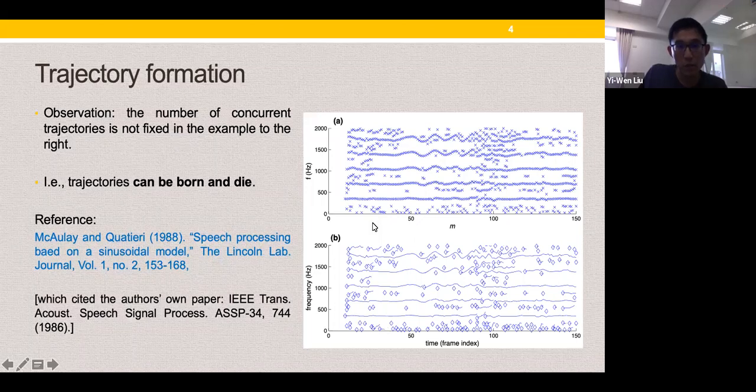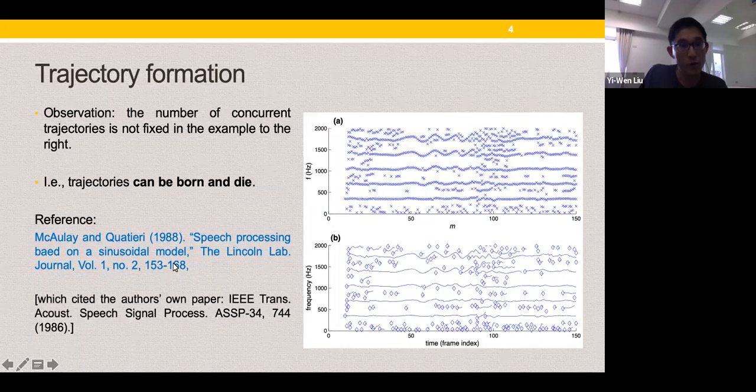At one time moment, maybe there will be this many trajectories, but the next moment that number might be different. Some trajectories can terminate. If the number of trajectories is not fixed in this example, then we need to somehow allow trajectories to be born and die. So we talk about the birth and death of trajectories.